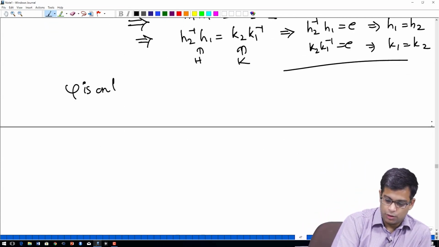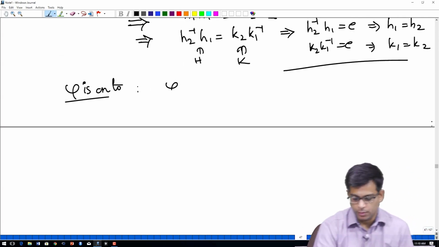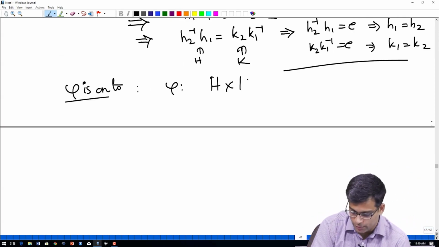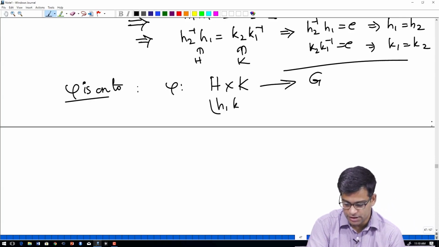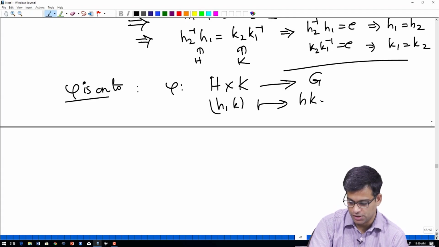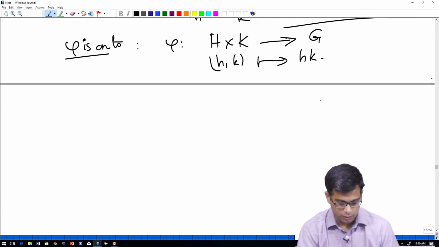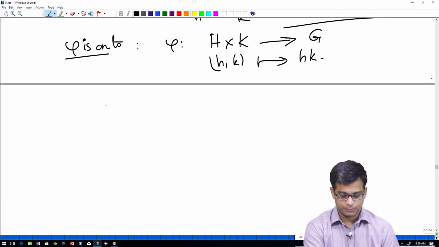Now why is phi onto? Remember again, what is phi? It is a map from H cross K to G, which sends hk to h times k.